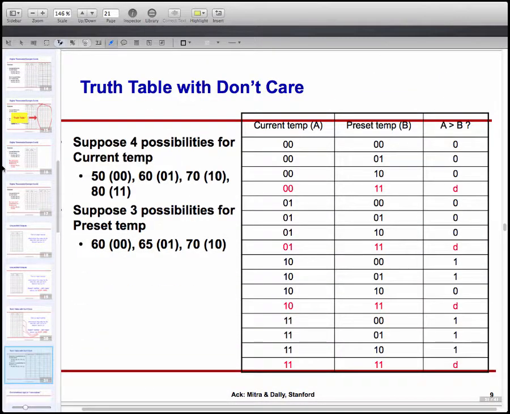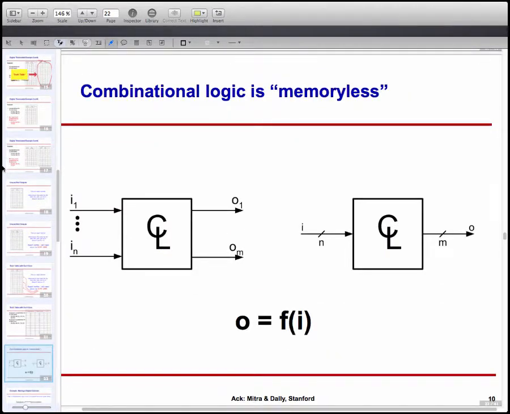So my new truth table looks like this. Now I have some entries which have a don't care on it, and I will assign them to be a 0 or a 1 based upon something that I as a designer would do. Maybe it will reduce the cost of my design. Maybe the design will consume less power. Could be any reason like that. We'll see later in the course what implications it has.